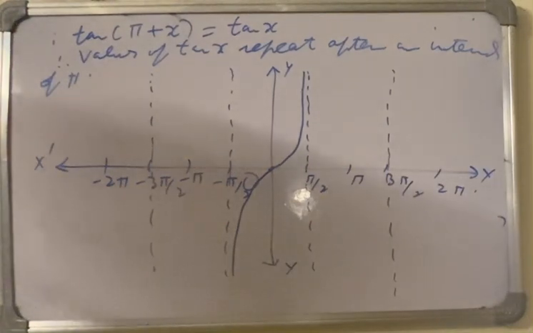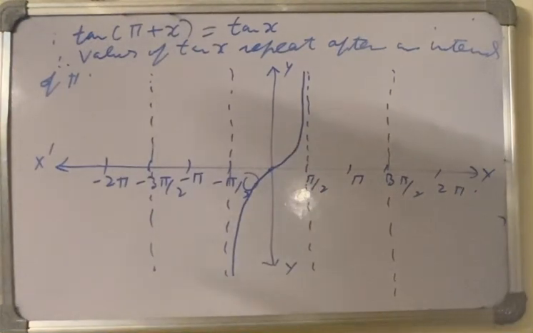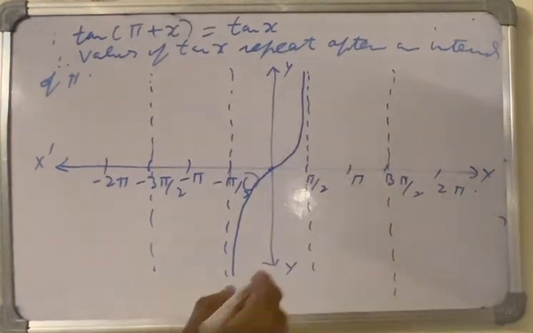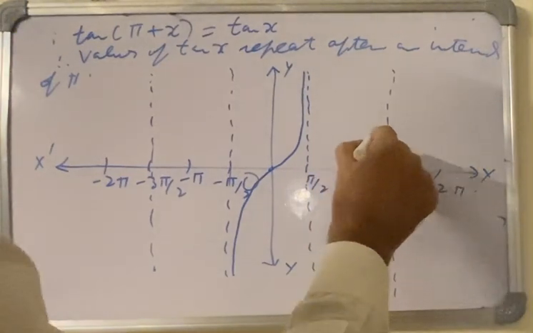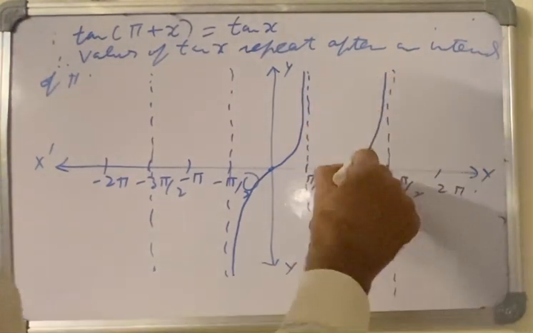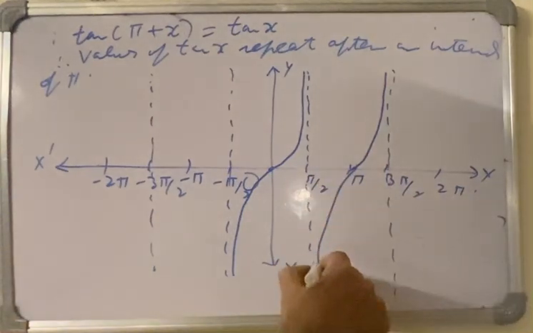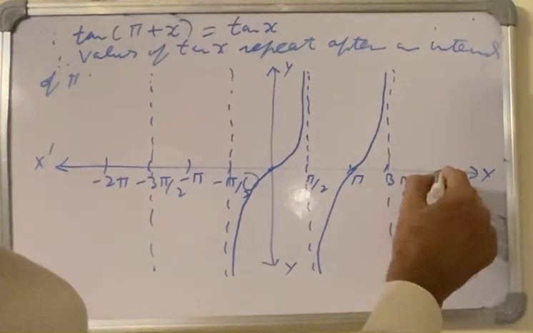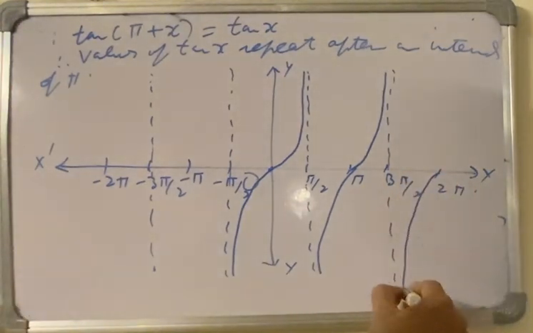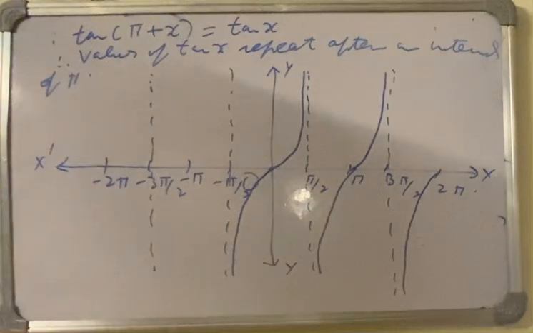Similarly, at pi the value of tan x is 0. At x equal to pi, it will pass through this, and it goes to infinity. Similarly, at 2 pi it is 0. Similar on the other side, at pi it is 0.